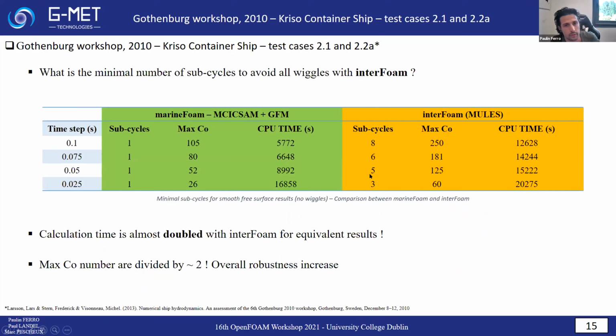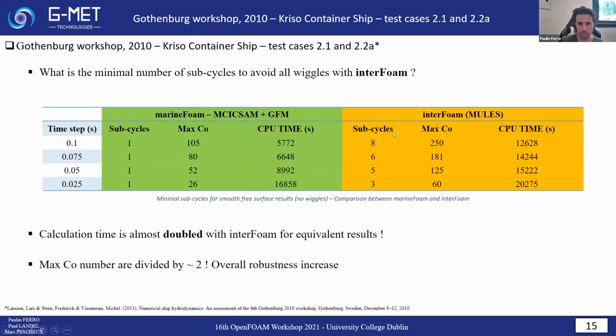On this table, I would like to speak about the minimal number of subcycles to avoid all wiggles with interFoam. You have different time steps. 0.1 is a very large time step for this application. We have the maximum Courant number and the CPU time in green with marineFoam, and in orange with interFoam.